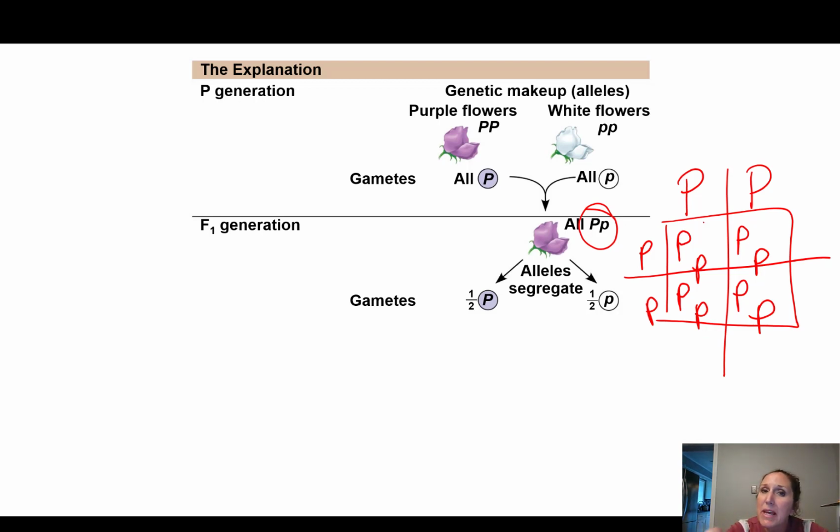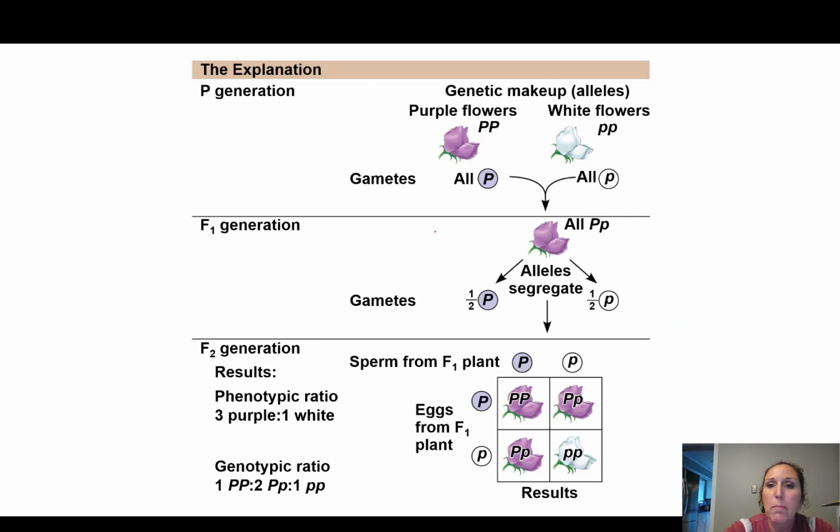Which, because big P is dominant, will all look purple. So their phenotype will be purple. Phenotype is purple, and their genotype is heterozygous, okay?